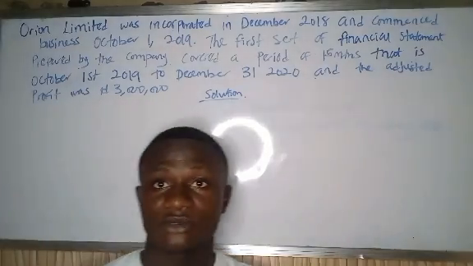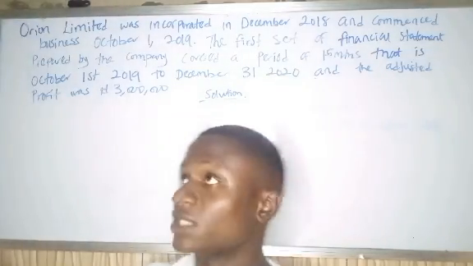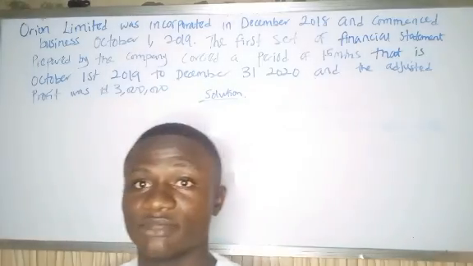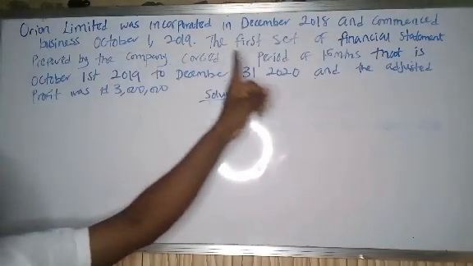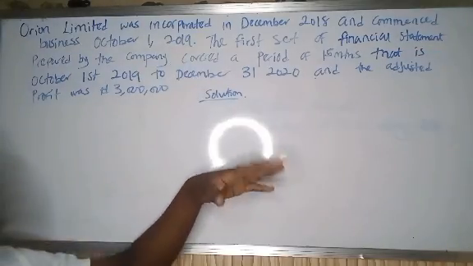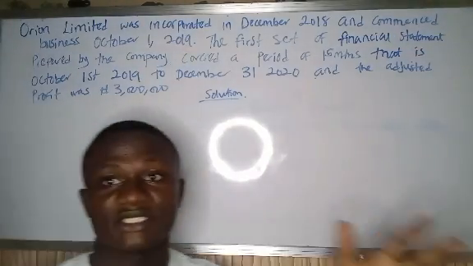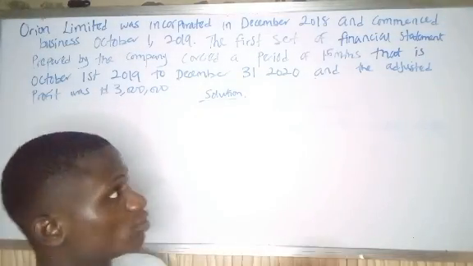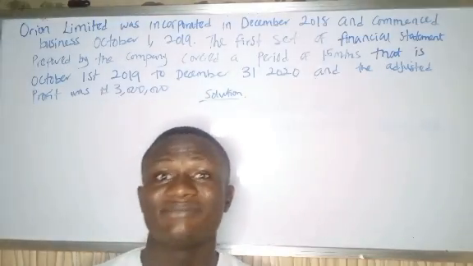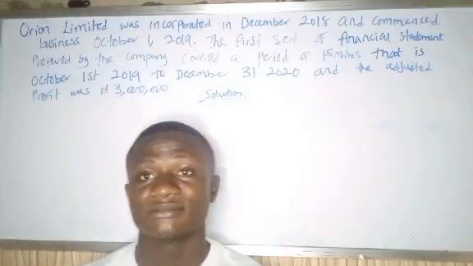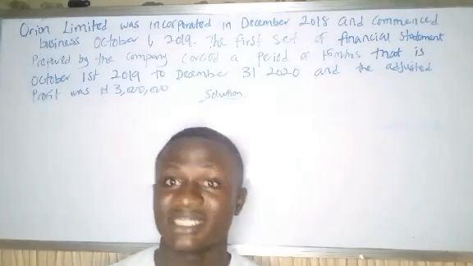In a nutshell, this question is telling us that this particular company commenced business October 1st, but they prepared their financial statement for a period of 15 months. So we are required to calculate the relevant tax year and the relevant profit that will be assessed to tax.